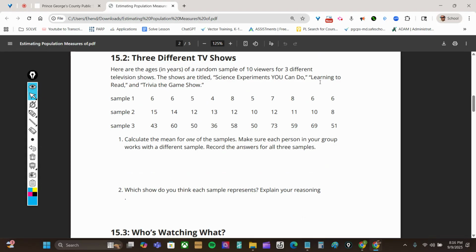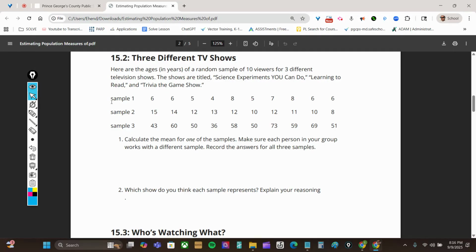Calculate the mean for one of the samples. Make sure each person in your group works with a different sample. Record the answer for all 3 samples. Which show do you think each sample represents? Explain your reasoning. You're going to do that in groups.